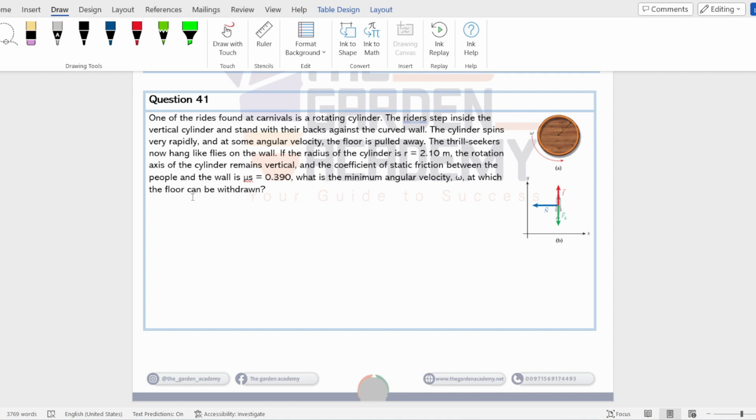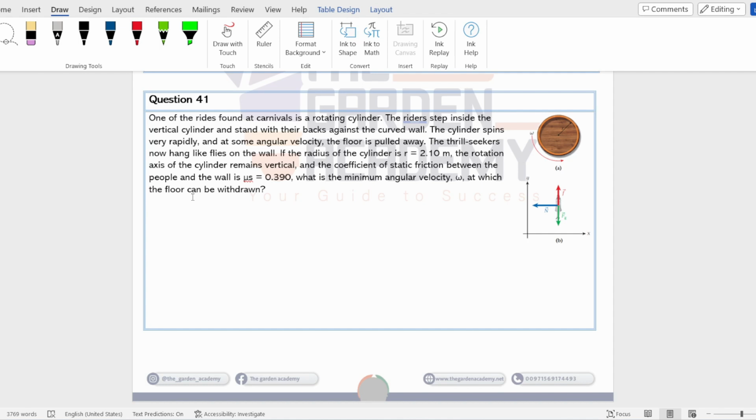The thrill seekers now hang like flies on the wall. If the radius of the cylinder is r equal to 2.1 meters, the rotation axis of the cylinder remains vertical, and the coefficient of static friction between the people and the wall is μs equal to 0.39, what is the minimum angular velocity omega at which the floor can be withdrawn?